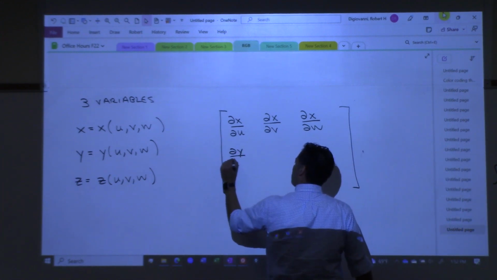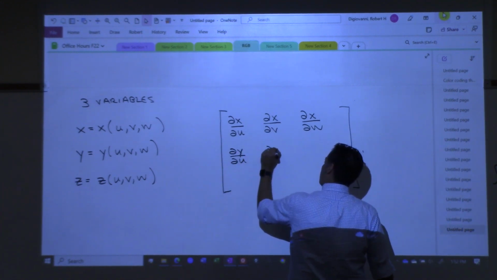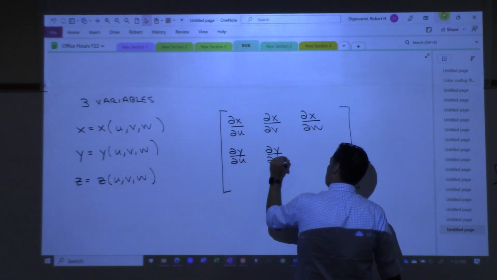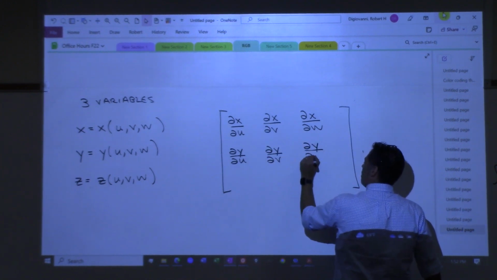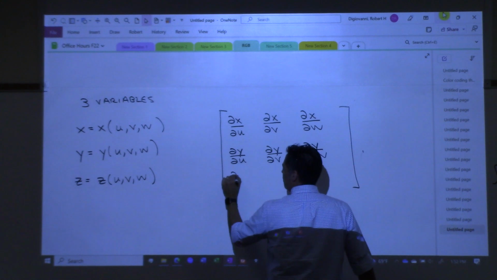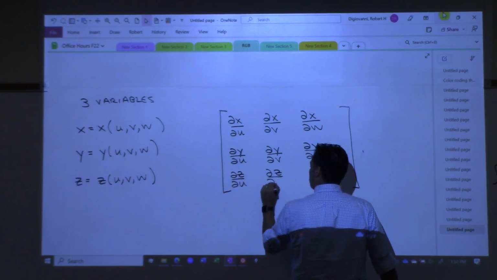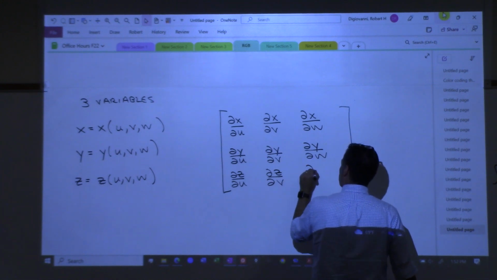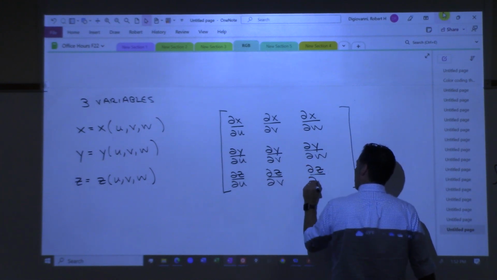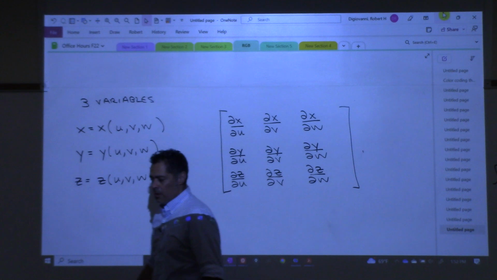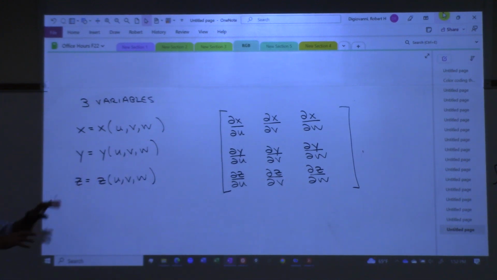Partial y with respect to u, partial y with respect to v, partial y with respect to w. And then the last one is partial z with respect to u, partial z with respect to v, and then partial z with respect to w. So now I've set up my Jacobian.